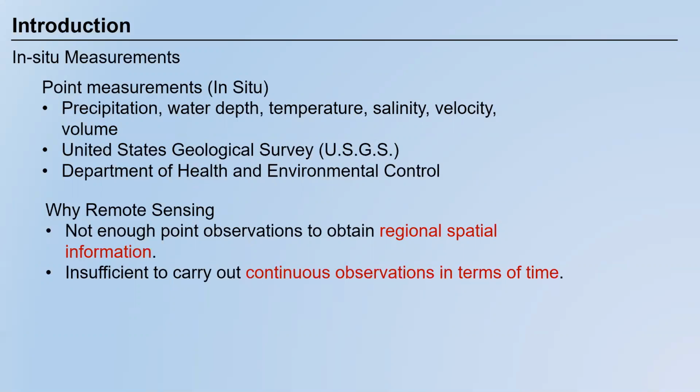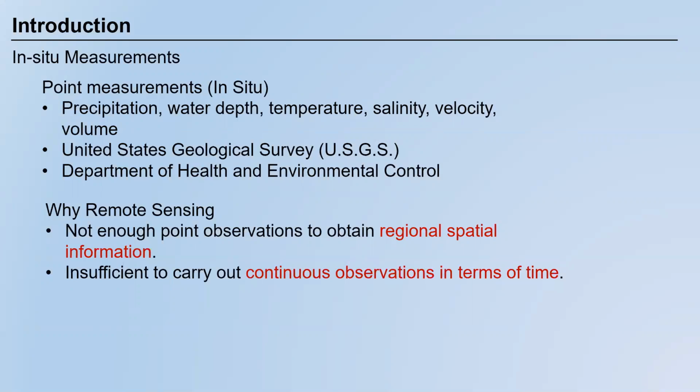Okay, but the problem is that when you send people to do in-situ measurement, it's not possible to cover the continuous space of a water body. For example, say the water of a huge lake is polluted by surrounding human industry, and you send people to the lake to do in-situ measurement.